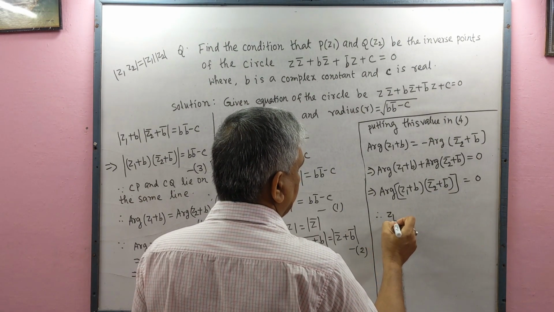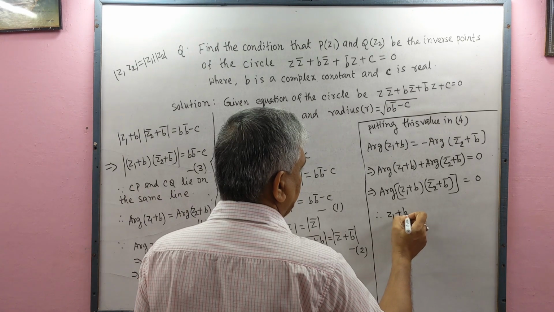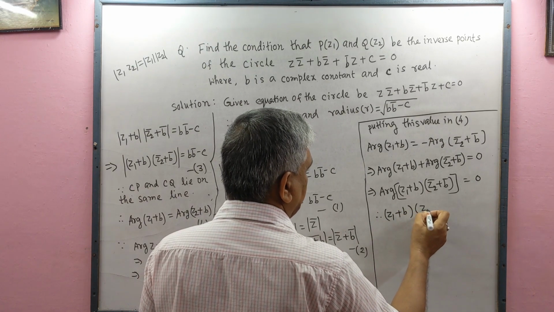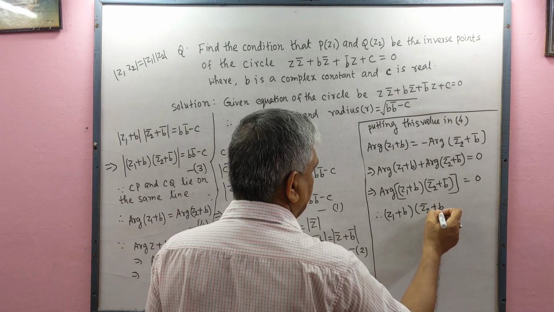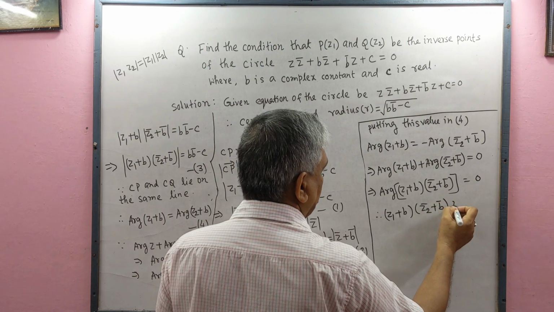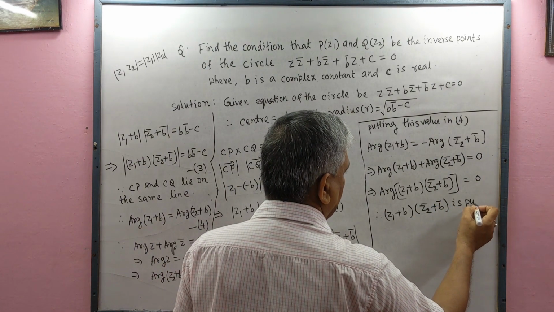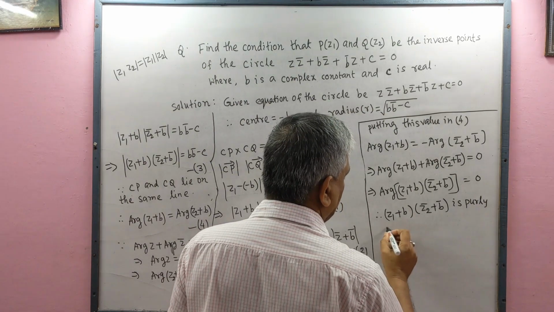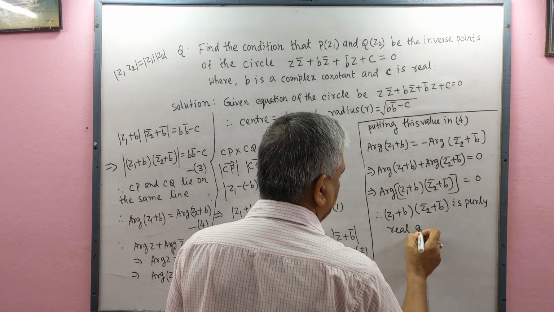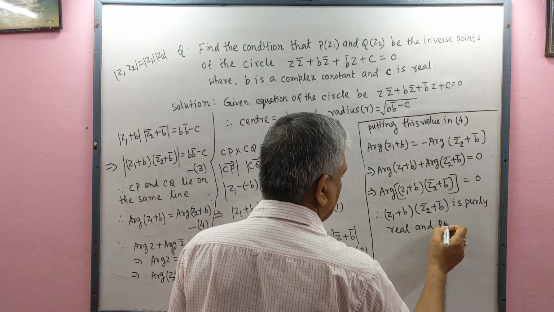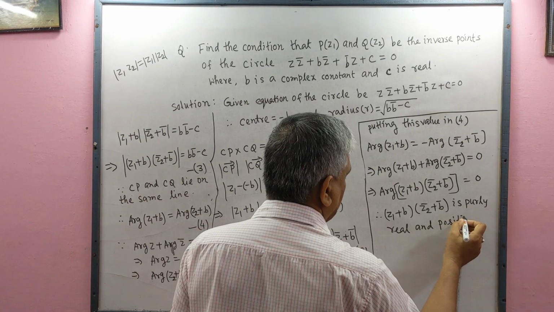Therefore, Z1 plus B times Z2 bar plus B bar is purely real and positive.